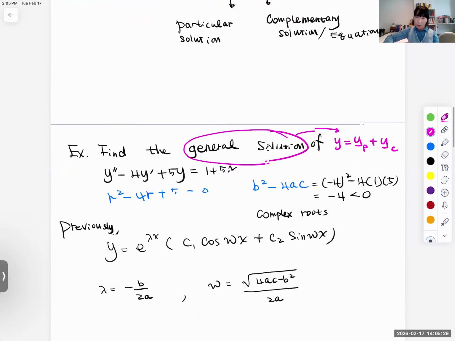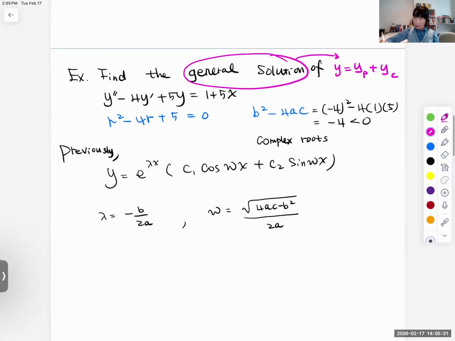Let us do this one: y second prime minus 4y prime plus 5y equal to 1 plus 5x. This is f of x, a non-homogeneous equation, right?